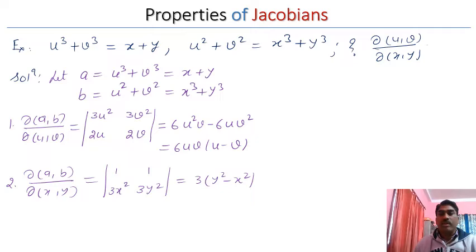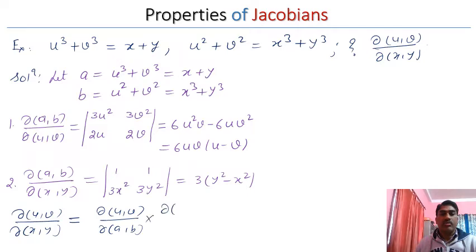Now we apply the chain rule to find the required Jacobian. So the Jacobian of uv with respect to x and y can be written by the chain rule as the Jacobian of uv with respect to ab and the Jacobian of ab with respect to x and y.